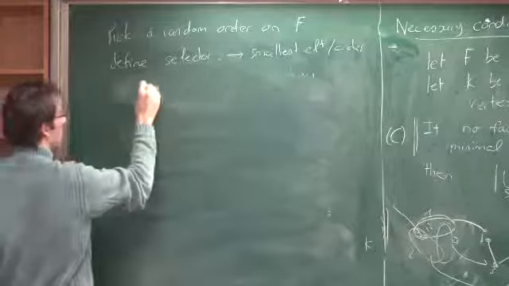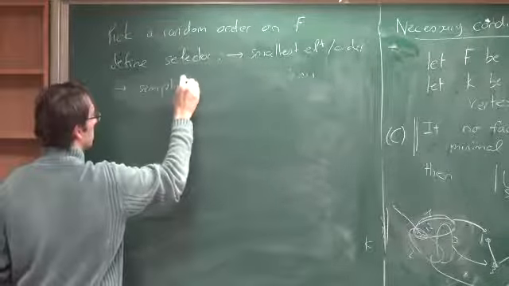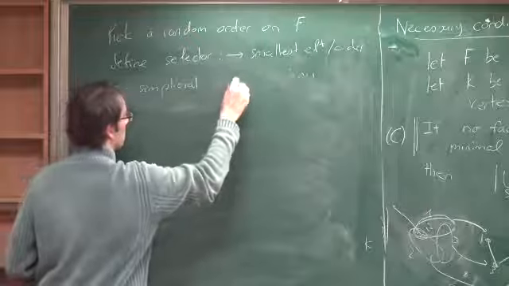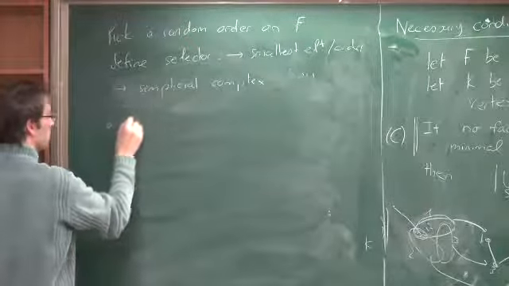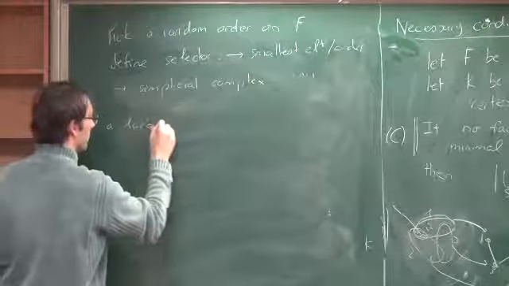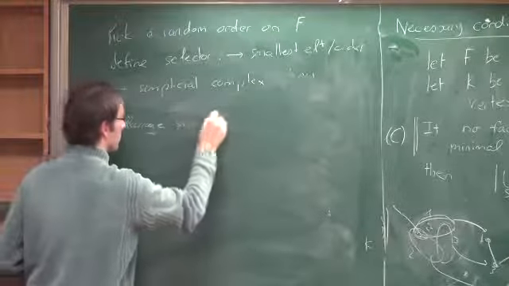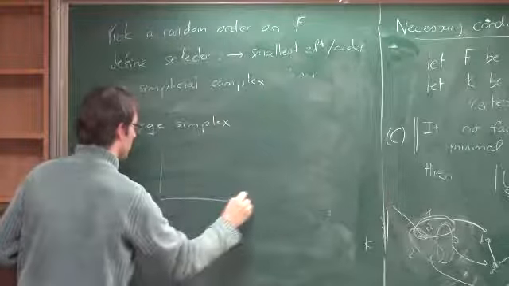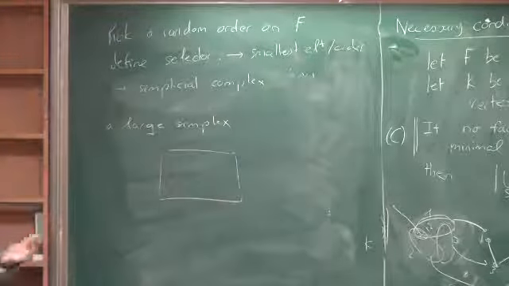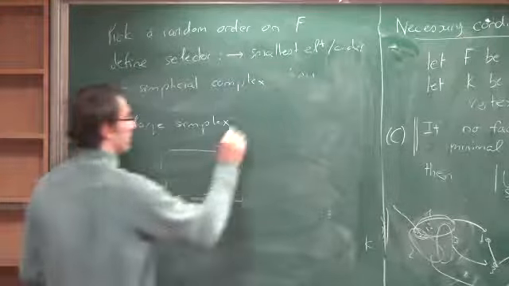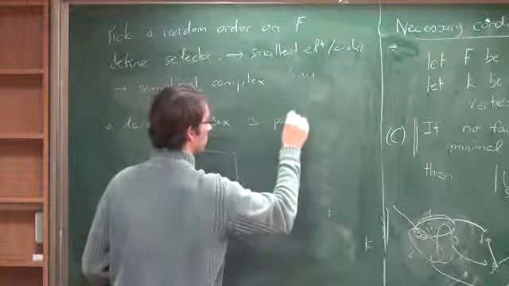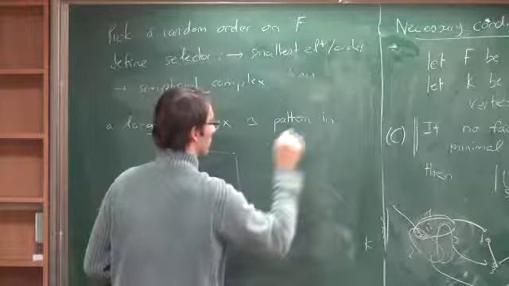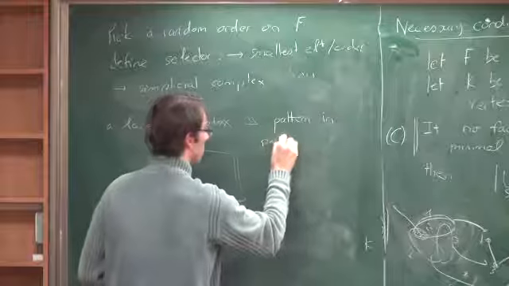We get a simplicial complex. And now a large simplex will give us a certain pattern in the incidence matrix between the Venn diagram and the set, a pattern in a permutation.